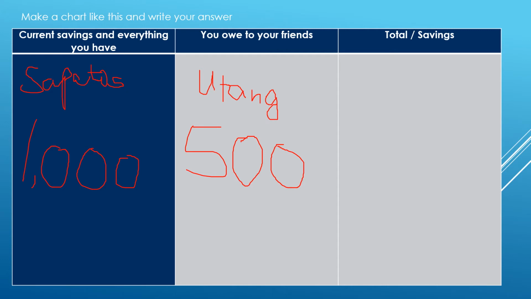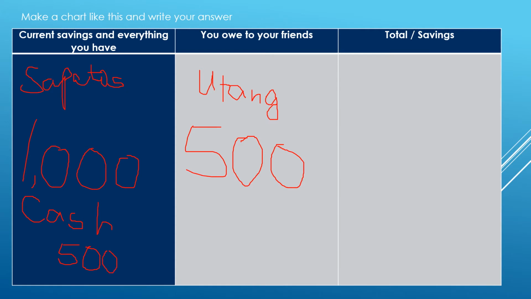So, ang mangyayari dito, kumbaga meron akong 1,000. Tapos meron pa akong cash. May cash ako na sa aking wallet, 500. Okay, 500. Magkano na ba lahat ito?